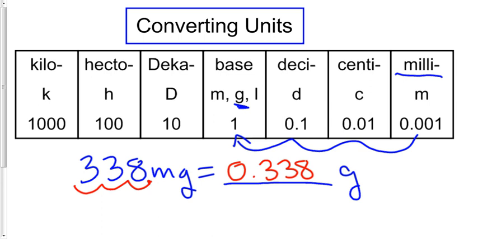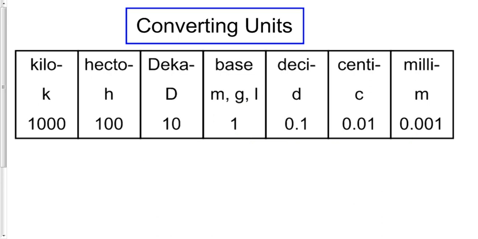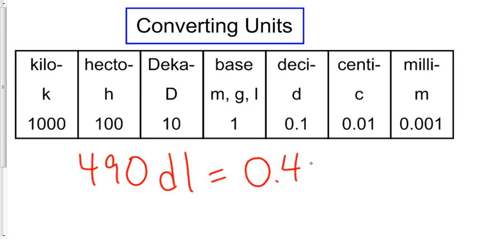And then if I take a look here, let's say I have something like this. Let's say I have 490 deciliters is equal to 0.49, and then I want to figure out what my unit is going to be. Well, it's going to be the same idea.